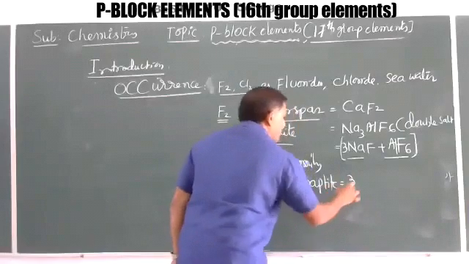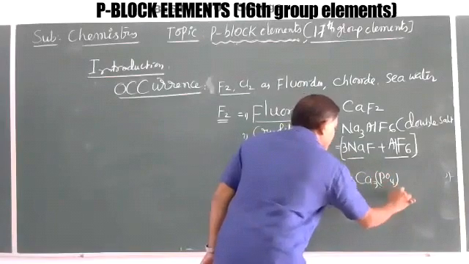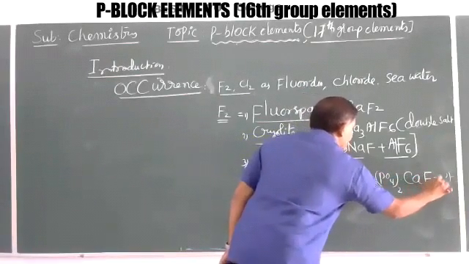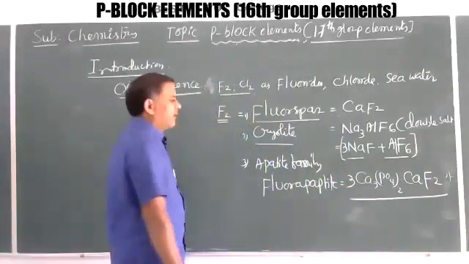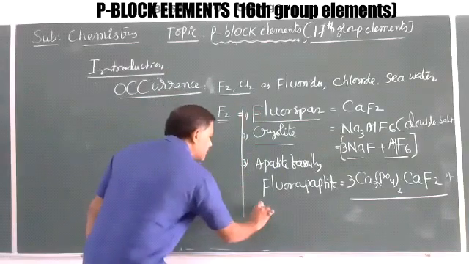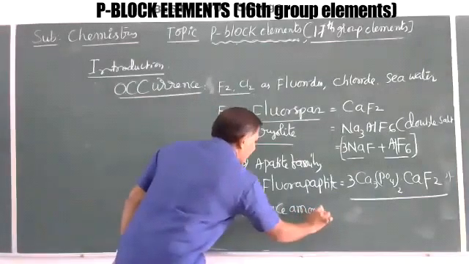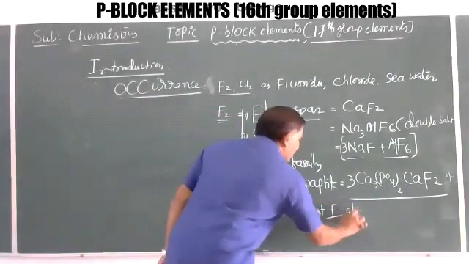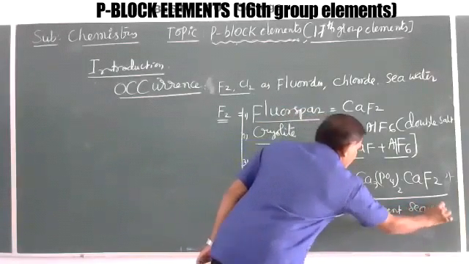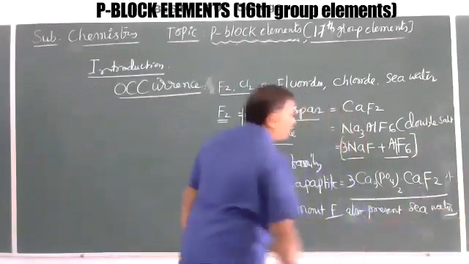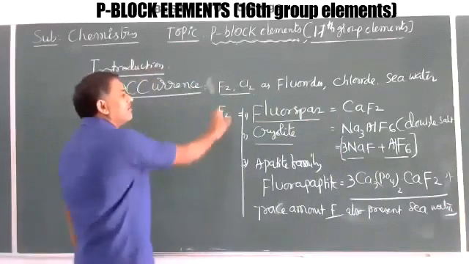The fluoroapatite formula is Ca3(PO4)2 taken three times plus CaF2. Trace amounts of fluorine are also present in seawater, sea plants and animals, and animal bones and teeth contain some trace amount of this fluorine.